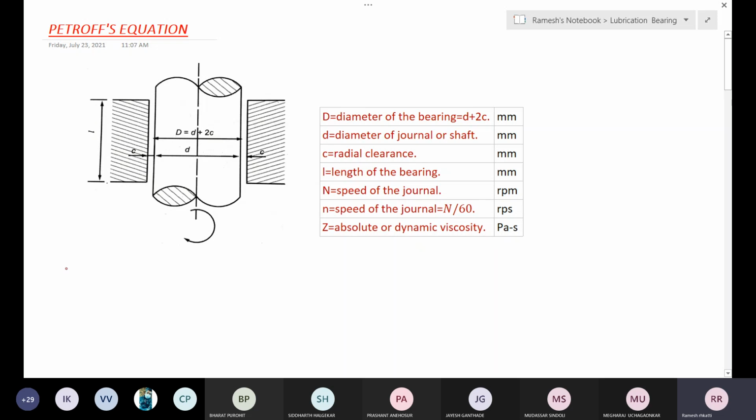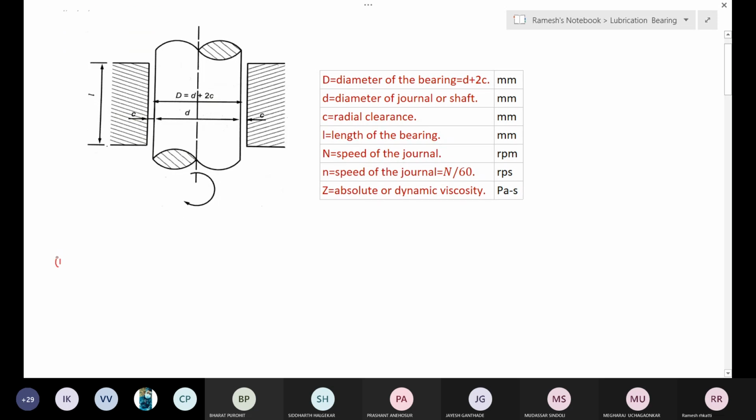Now I am going to first find the frictional force acting. How to find the frictional force?